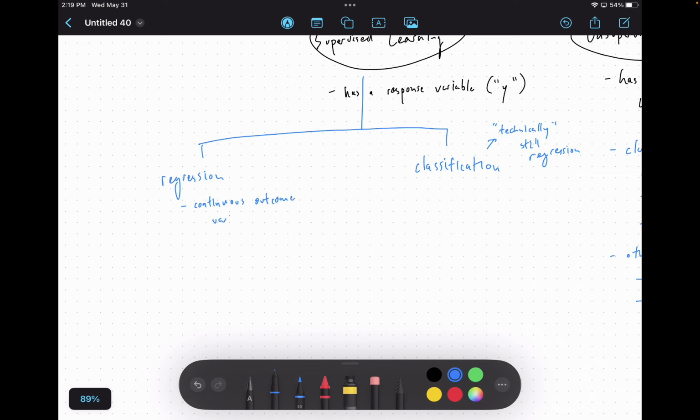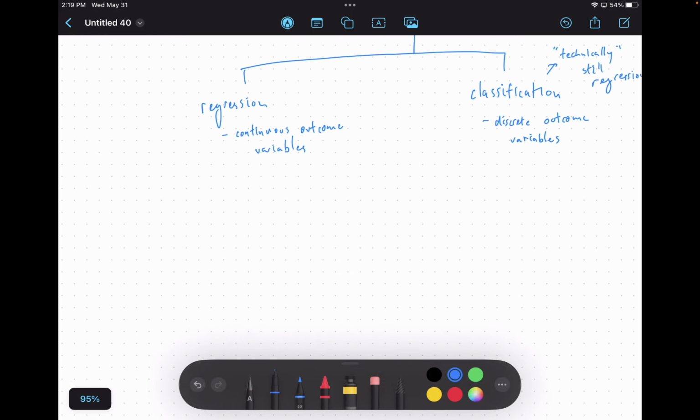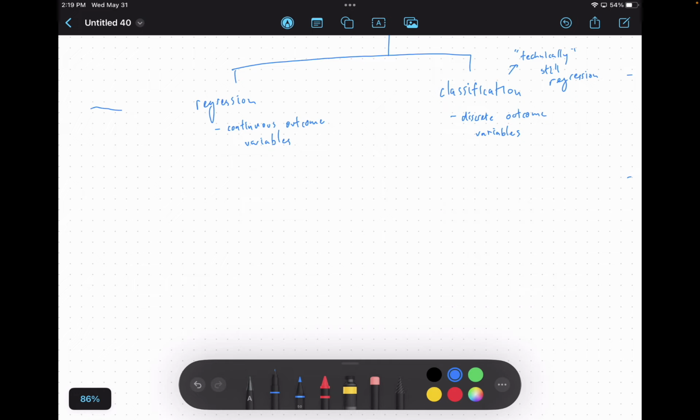And this is for discrete outcome variables. Okay, and we'll revisit classification in just a moment.